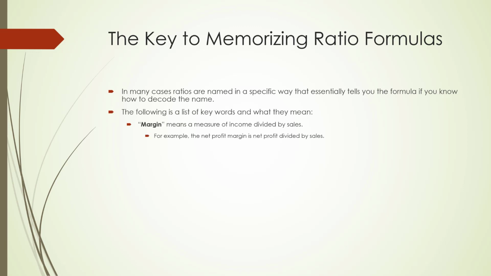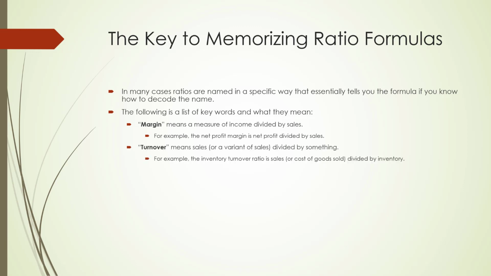So first of all, the word margin means some form of income, net income, operating income, gross profit, whatever, divided by sales. So for example, the net profit margin is net profit divided by sales. Notice that the name of the profit measure is typically a part of the name of the ratio. So when you see net profit margin, you know it's got to be net profit divided by sales.